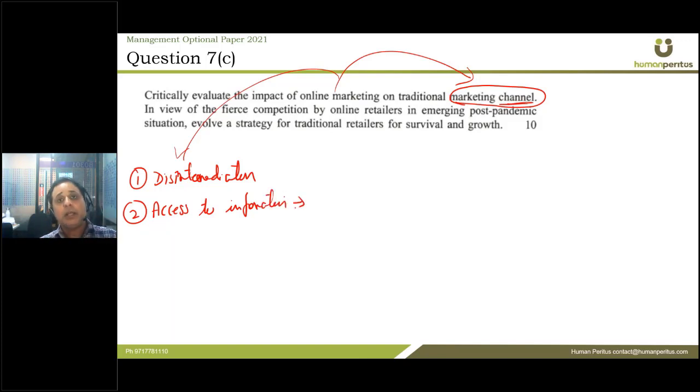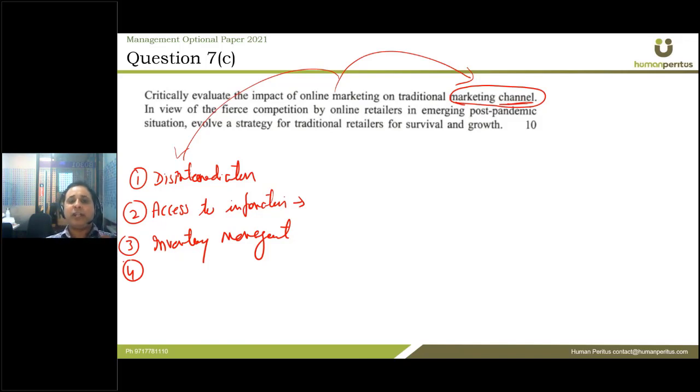What does this mean? Now, because there is better access to information, the prediction of demand and supply is better. There is reduced bullwhip effect. So we have got better information among all members of the channel. Number three, there is better inventory management, because now we have got access to more information.